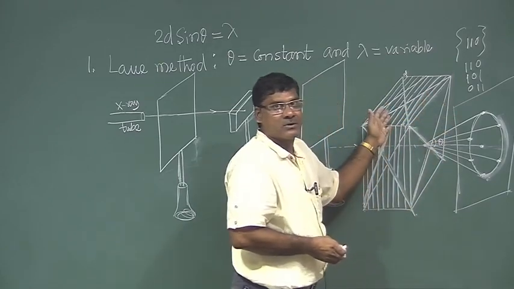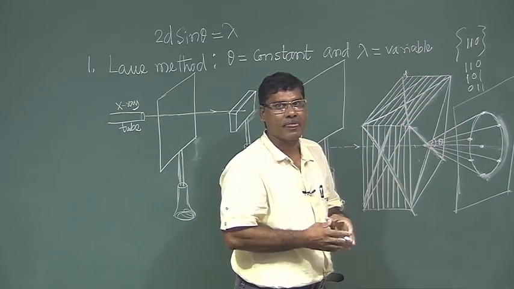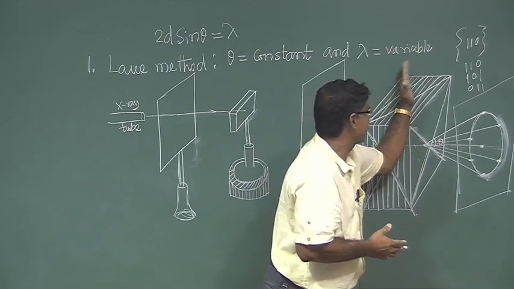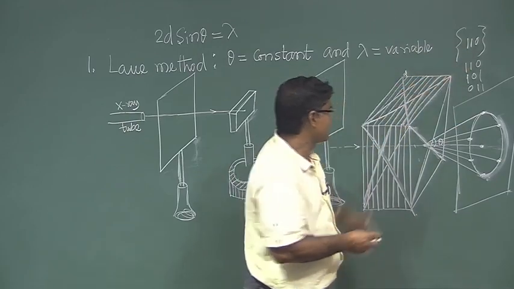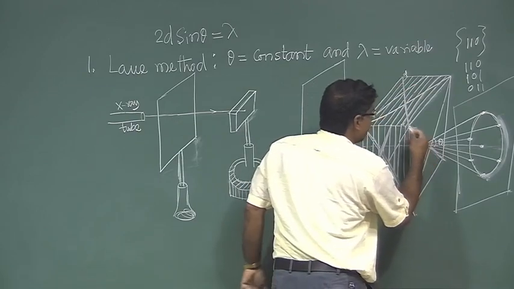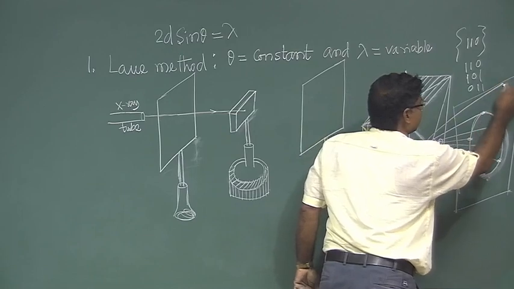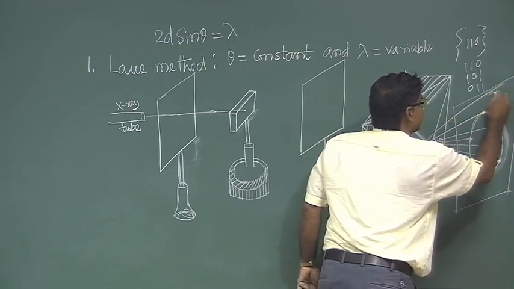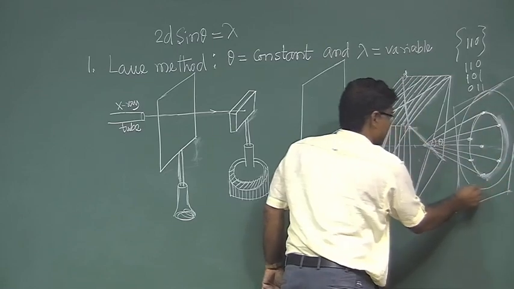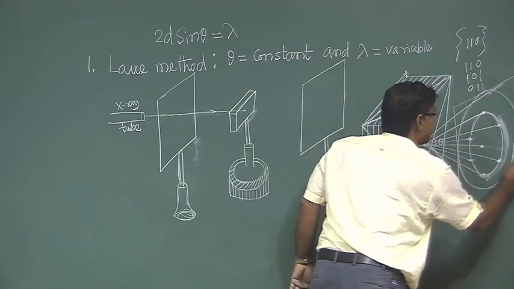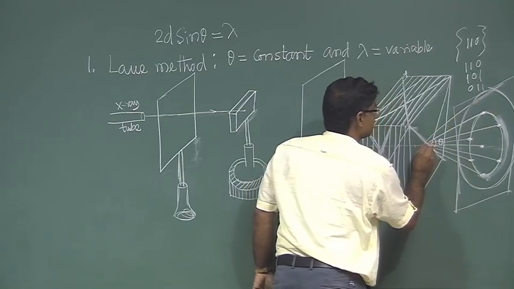For those planes, if they have symmetry, like the 1 0 0 and 1 1 0 planes I have shown, all of them will lie on another cone.